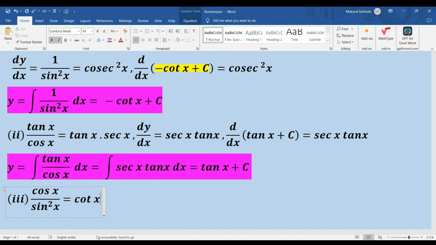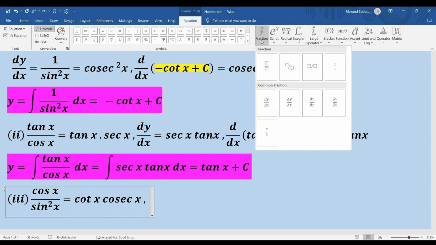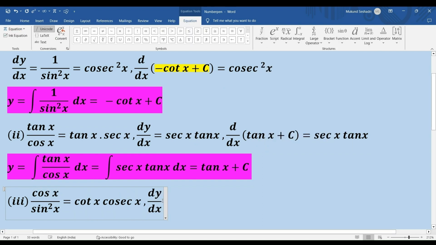So I can write it as cot x cosecant x. And again, I want you folks to draw a parallel to what we learned in first principles. My dy by dx, I've been given as cot x cosecant x. I've been asked to find y, right?